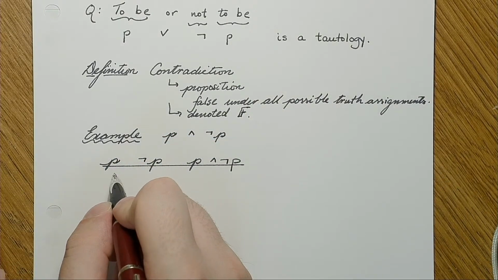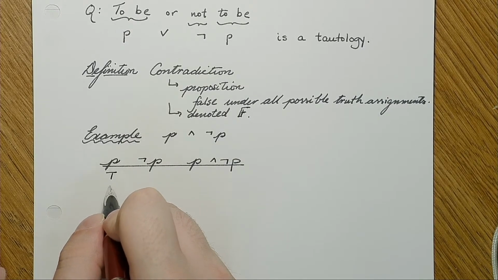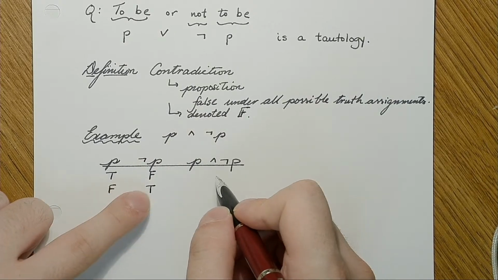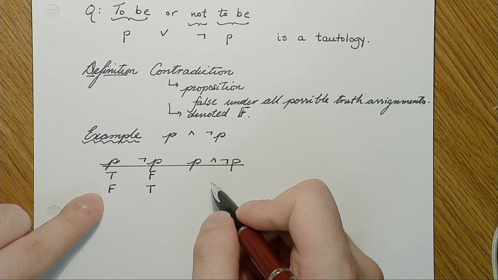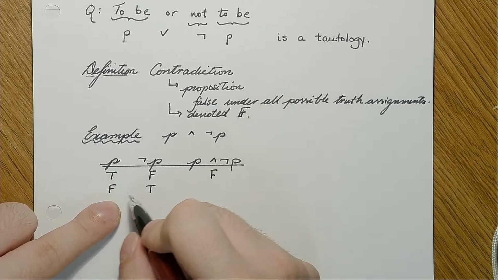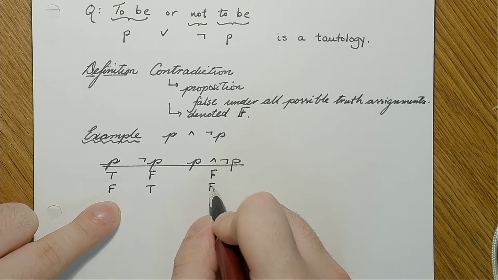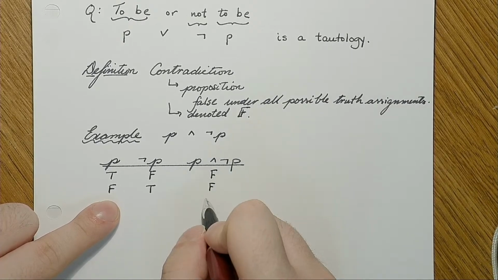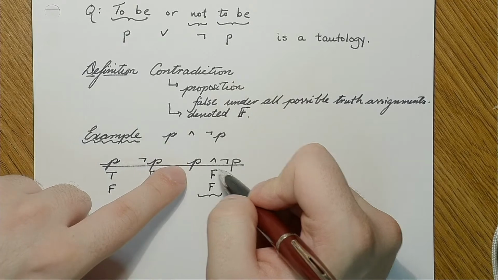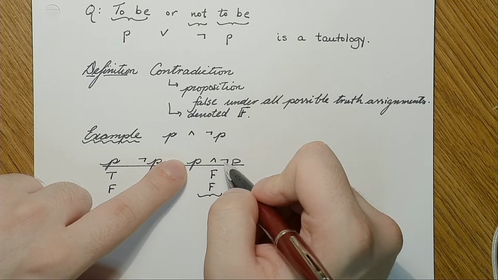Okay, so I have P and not P, so there's true and false and true. And so when I do the and, both of them have to be true for it to be true. So I have true and false, that's false. I have false and true, that's false. So again, it's false, this proposition P and not P.